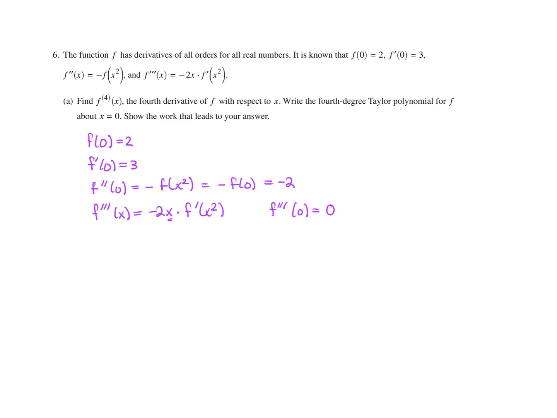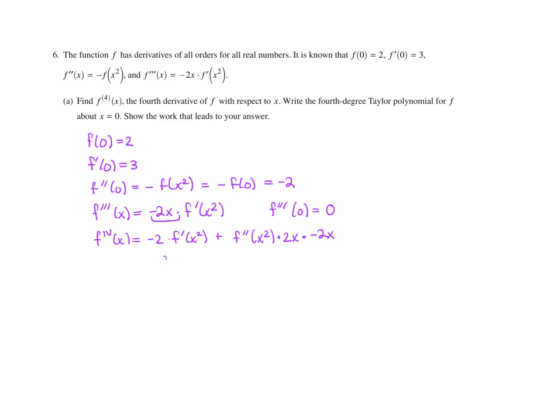Notice that we're going to have to do the product rule here to find the fourth derivative. So the fourth derivative is going to be the derivative of the first piece, copy down the second piece, plus the derivative of the second piece, the chain rule, copy down the first piece, and again we're going to plug in 0.